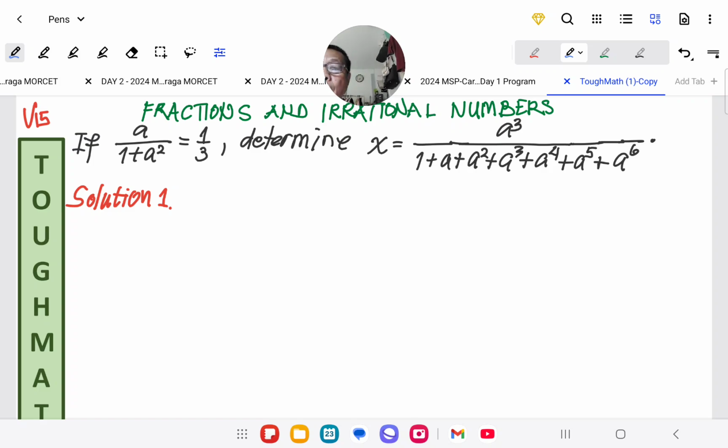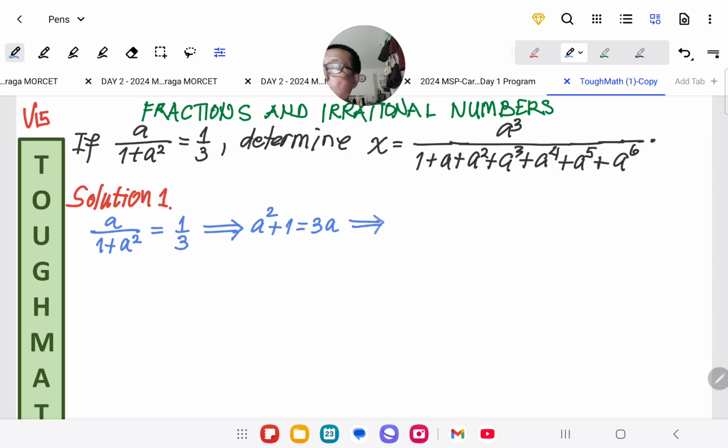Okay, so we have a over 1 plus a squared is equal to 1/3, which implies that a squared plus 1 is equal to 3a, which further implies that a squared minus 3a plus 1 equals 0.